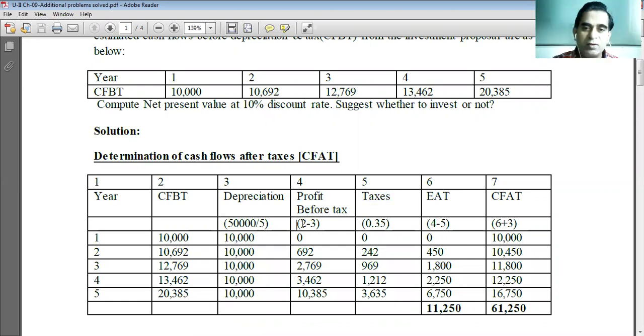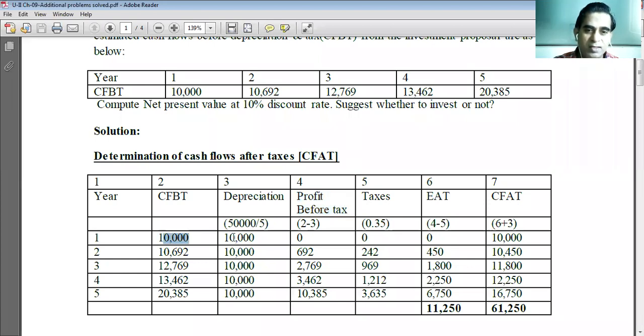So we need to deduct column 3 from column 2. Column 2 is CFBT, cash flows before depreciation and tax. So we need to deduct depreciation from it, that is column number 3, to arrive at profit before tax or income before taxes, or earnings before taxes.